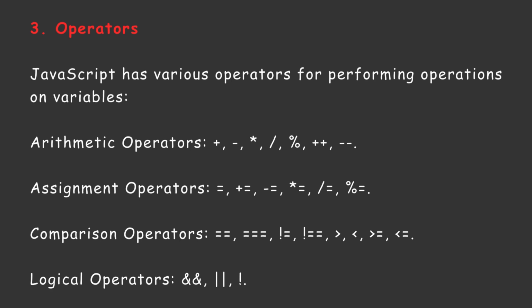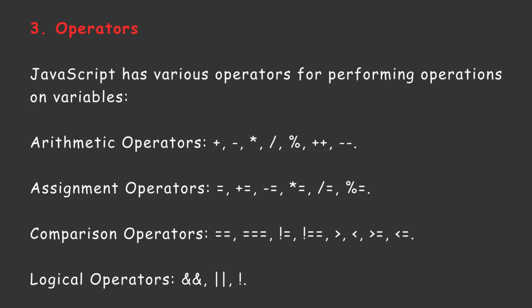JavaScript includes several operators for variable manipulation. Arithmetic operators, plus, minus, asterisk, percent, plus plus, handle basic math. Assignment operators, equals, plus equals, minus equals, asterisk equals, slash equals, percent equals, set or update values.